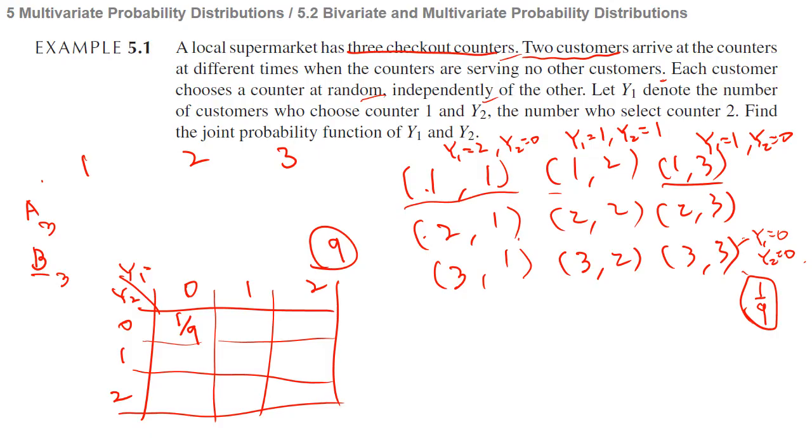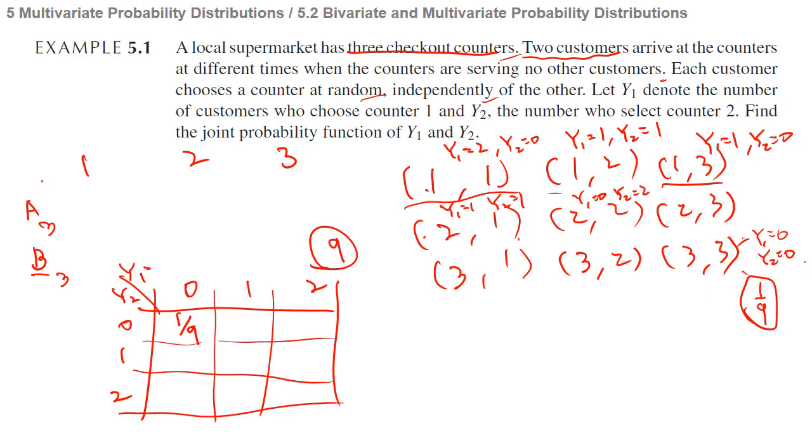Let's make it work. Okay, now it is working. For this one, y1 is 1, y2 is 1. For this one, y1 is 0, y2 is 2.